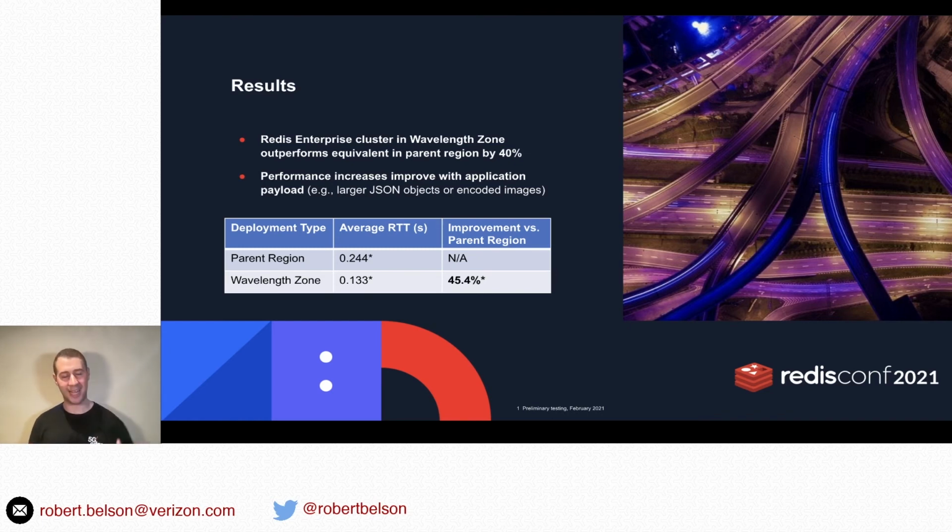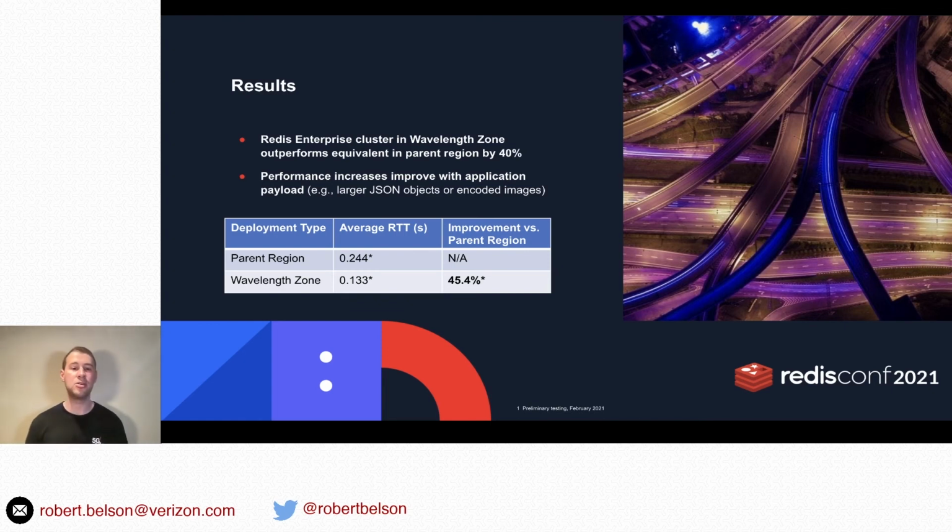The network effects literally start to add up of that performance improvement you get for each remote invocation and query of your Redis database. As a result, the more payload, the more performance benefit you're going to see. And this is what got us excited.